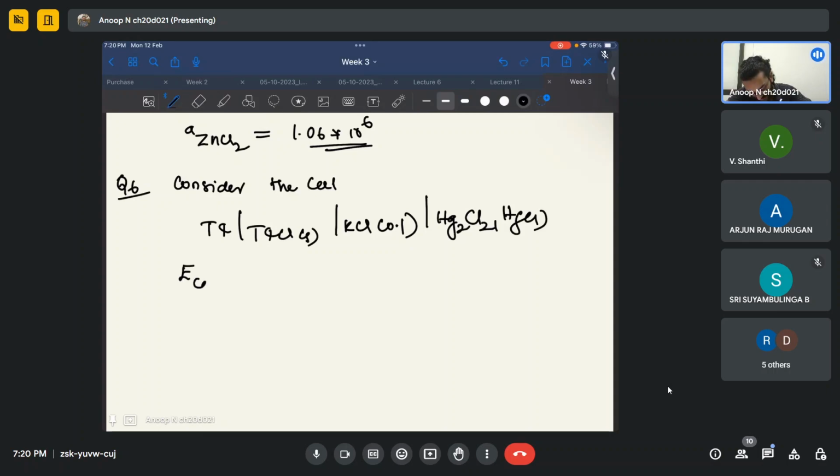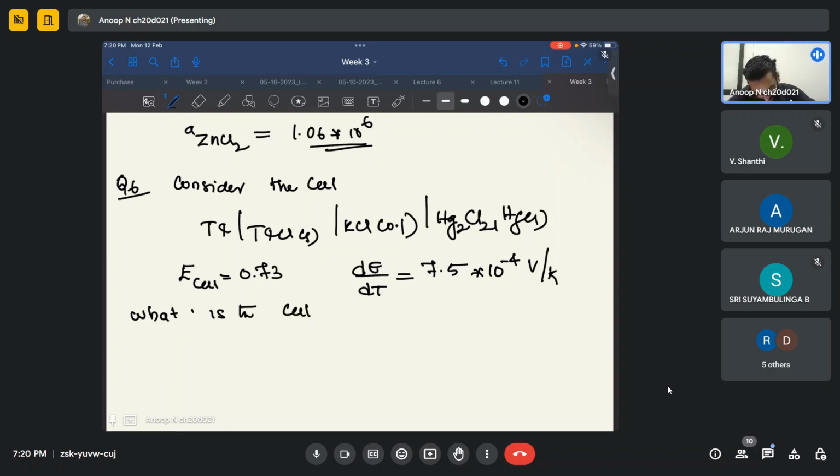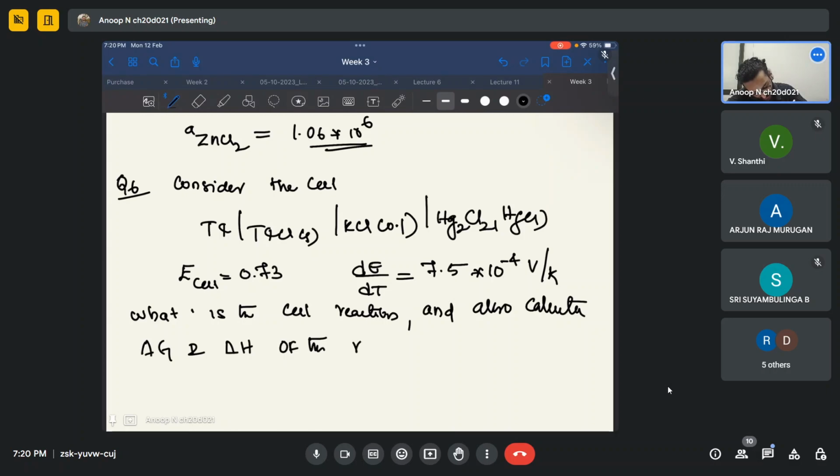Here given E cell is equal to 0.73 and dE by dT is equal to 7.5 into 10 raised to minus 4 volt per Kelvin. What is the cell reaction? Also calculate delta G and delta H of the reaction.